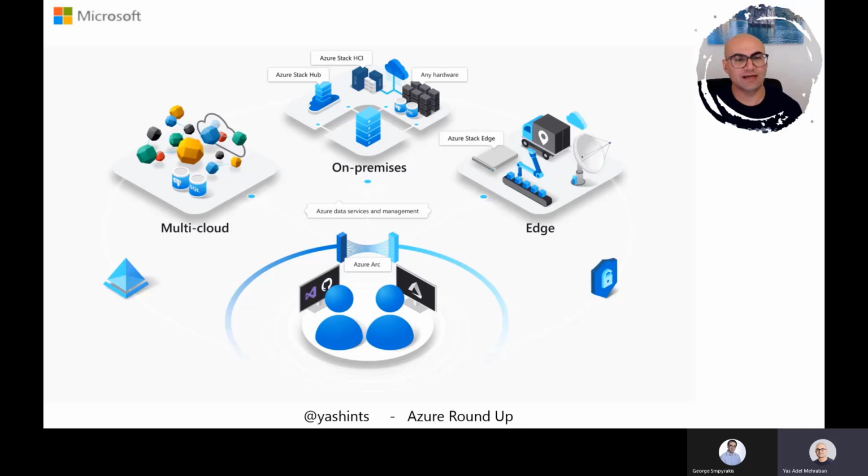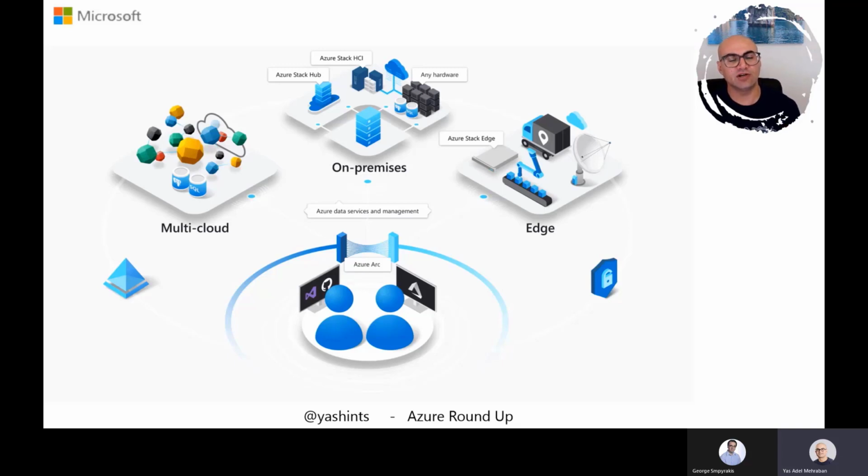You have, for example, Edge. If you're running Azure IoT Hub, or Azure Stack Edge on an Edge server, whatever it might be, you can definitely manage it through Azure Arc. You could also manage your on-premises environment, whether it's on an Azure Stack Hub or any hardware that you might have on premises.